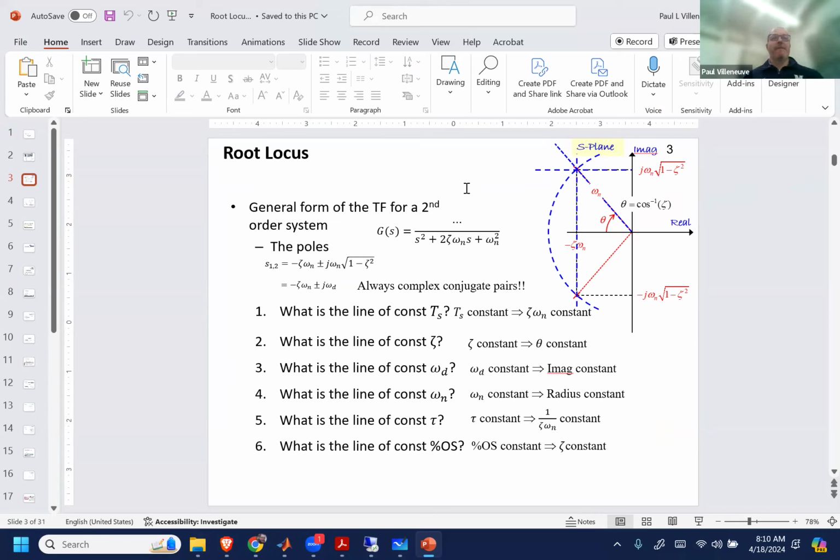It shows you everything right here. See what it says, settling time constant is equal to omega sub n constant. So I used that TS is equal to omega sub n, but it doesn't say equal to, it says it implies that value, right?